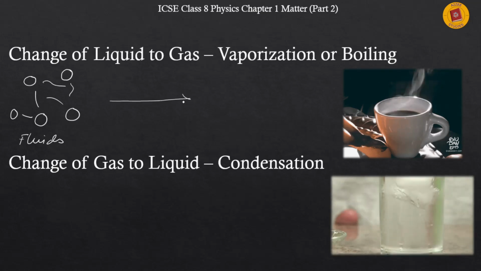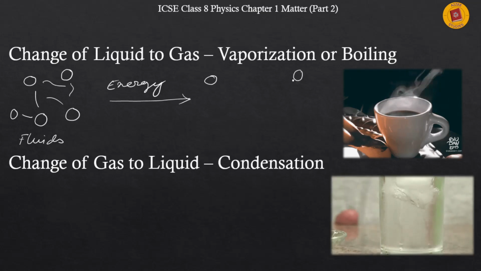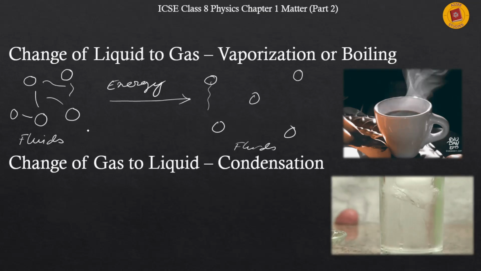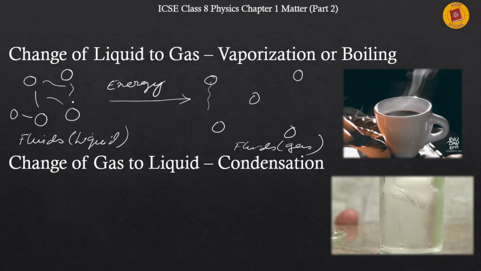Now when we apply heat or energy, the intermolecular spaces increase, and we know that gases have the maximum intermolecular spaces and their kinetic energy is the highest. So these are also fluids. Fluids means which can flow. Liquids can flow, gases can flow, but this is the liquid form and this is the gas form. So the liquid gets converted to gas.